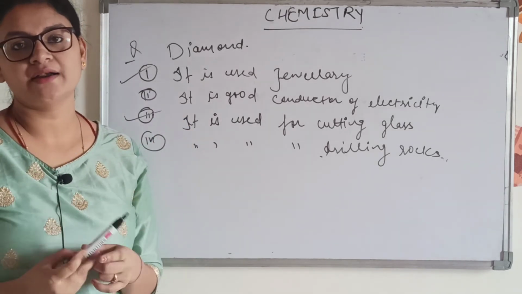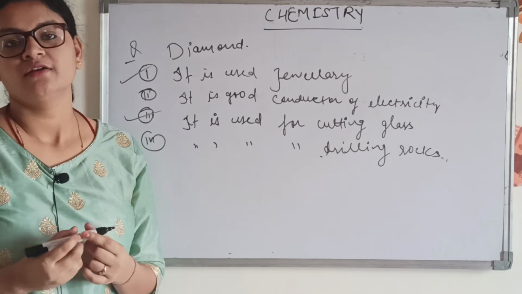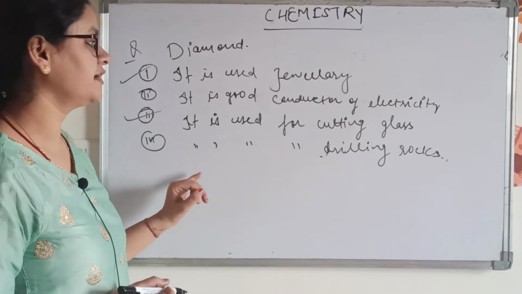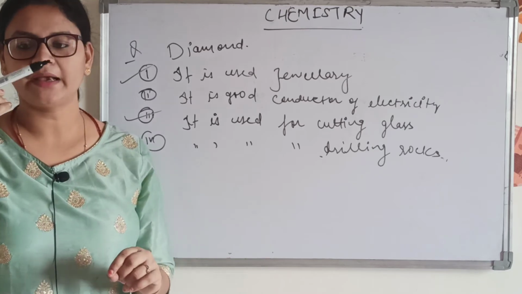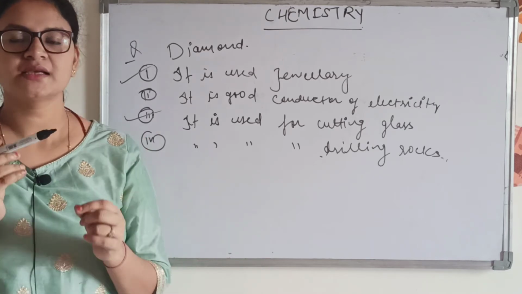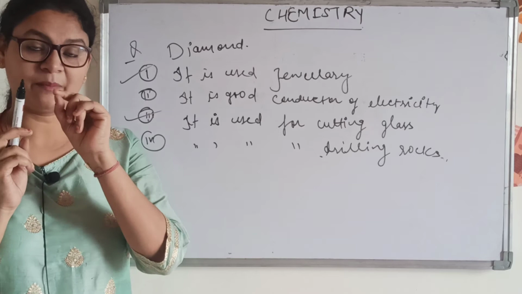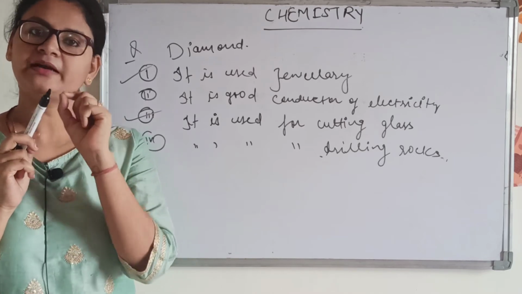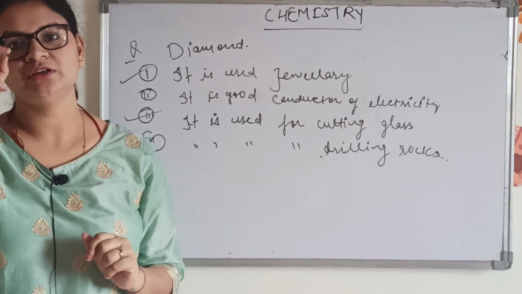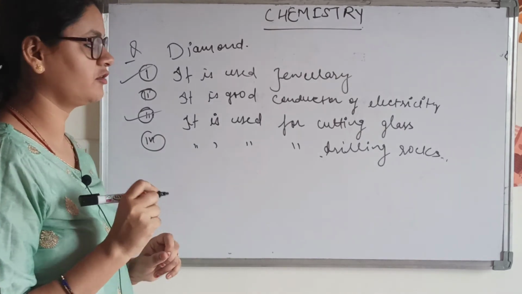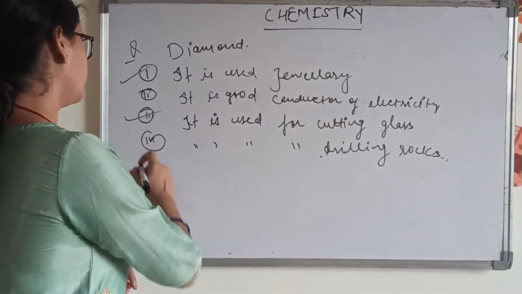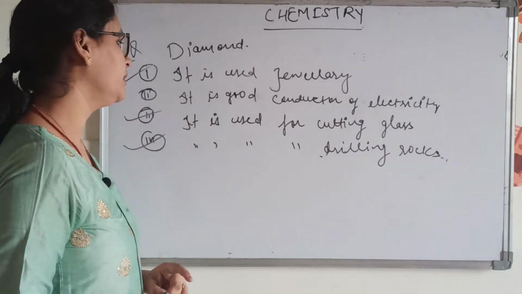Because of its hardness, we use it for cutting glass and drilling rocks. You might have seen a pen-like tool to cut glass, with a diamond at its tip. That diamond cuts the glass, and drilling equipment for rocks also contains diamond. So options 1, 3 and 4 will be right.